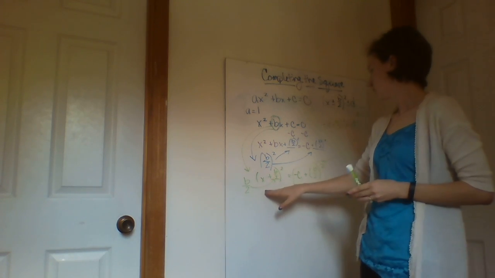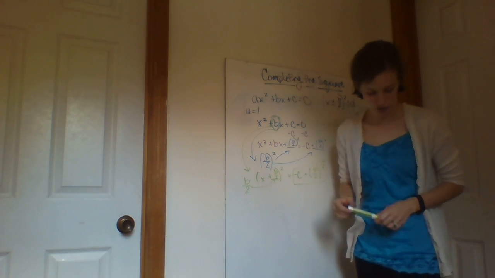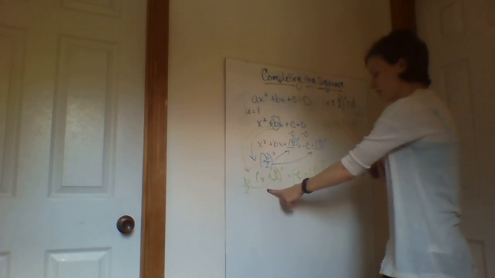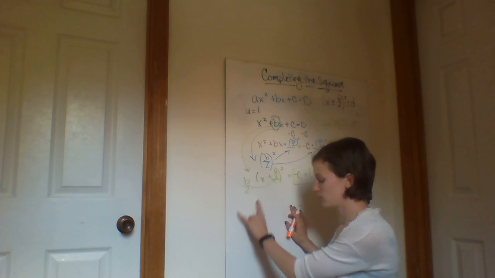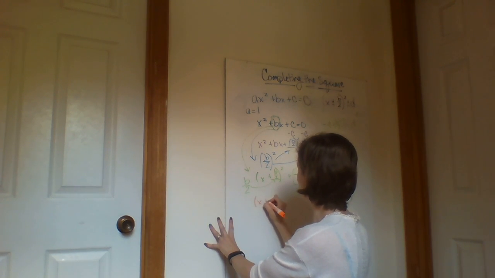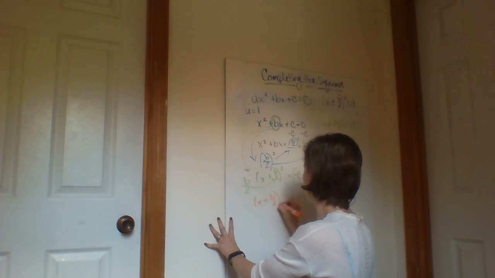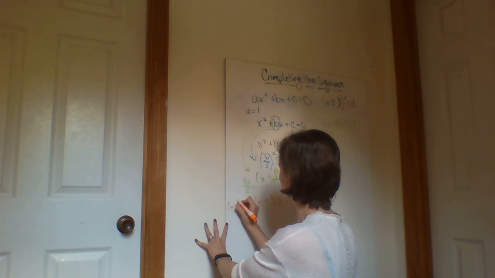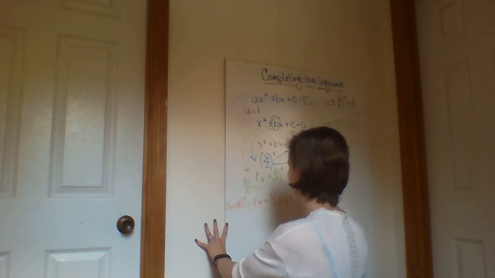If you want to make sure you did this correctly, what you do is you come here and we're going to FOIL it out. So we have x plus b all over 2 times x plus b all over 2. Correct? That's what x plus b over 2 squared equals, isn't it?